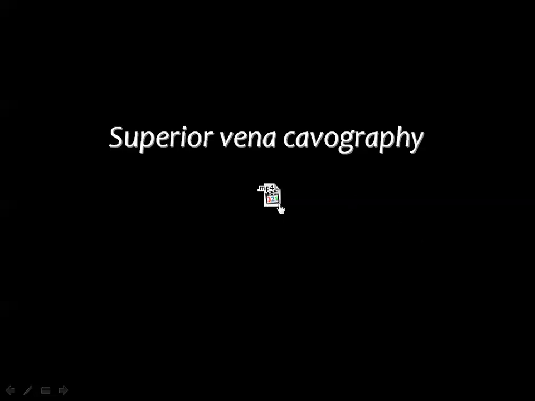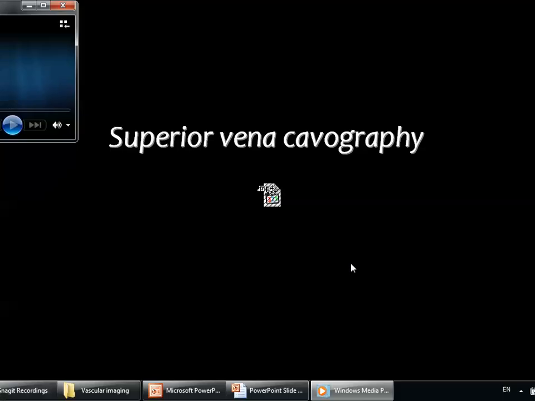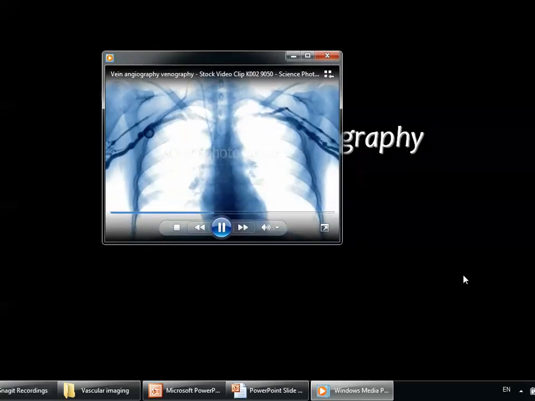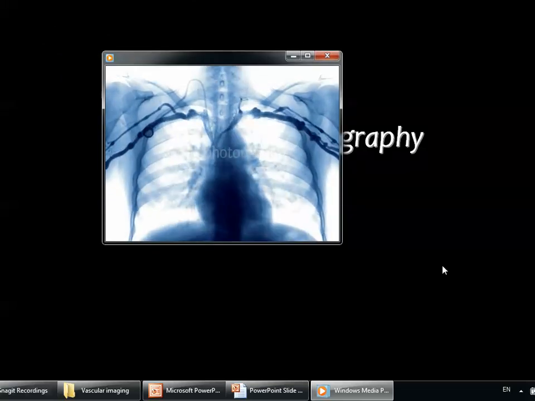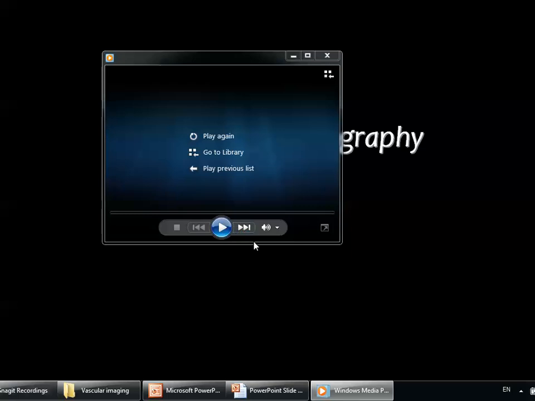Actually, before the era of CT and MRI, we used to see the venous system through injection of contrast material in the veins, and this is one of the ways that we use to show the superior vena cava. We inject contrast material in the limbs.